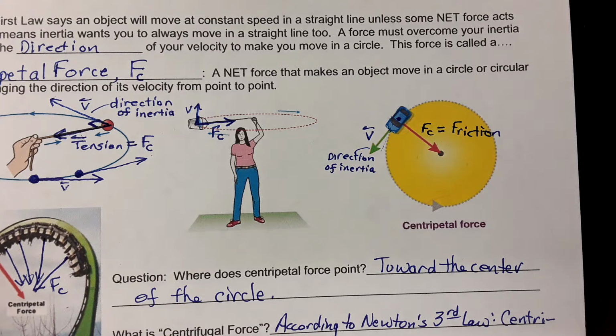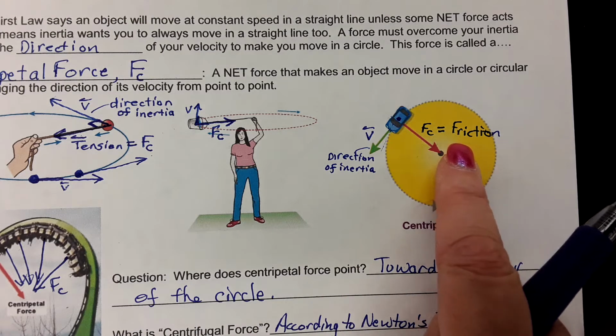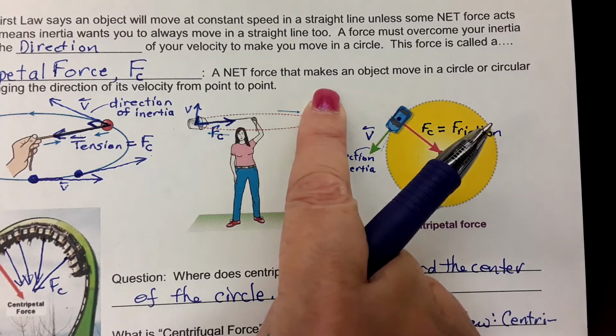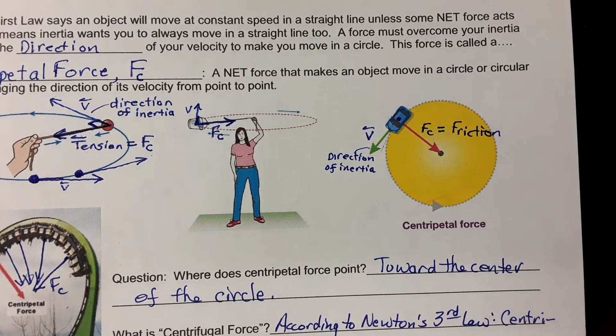So if a car is traveling in a circle, what force is acting as a centripetal force to make the car's direction change? Well, it's friction between the tires and the road. The friction keeps the car from flying outward that direction. So it pulls inward to keep that from happening.